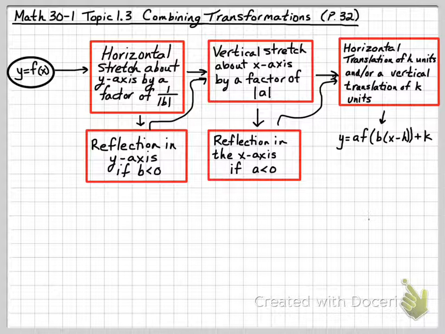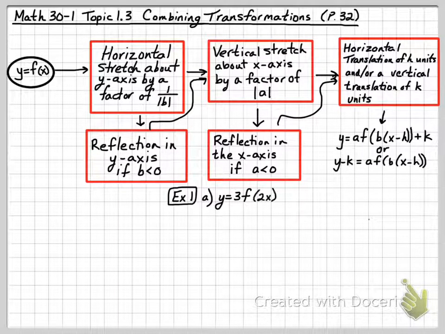And again, a is going to be our vertical stretch, 1 over b is going to be our horizontal stretch, h is going to be our horizontal translation, and k is going to be our vertical translation. The other way you could see this written is y minus k, but in this book, we're not going to be using that.